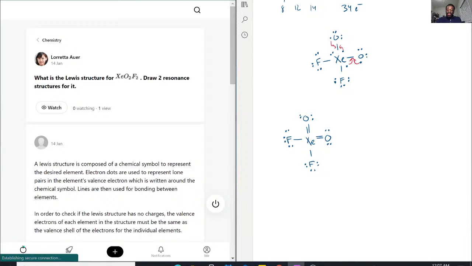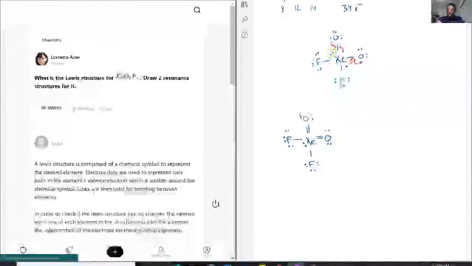That's 10, and I'm just trying to make sure I do the math right. 1, 2, 3, 4, 5, 6, 7, 8, 9, 10. Oh yeah, that's why I was missing one, the xenon. There we go. We have 11 lone pairs. Can't forget that one. So that's why we have 11 lone pairs, and then we also have 1, 2, 3, 4, 5, 6. So 11 plus 6, 17 in total. Double that, we do indeed have 34 electrons.